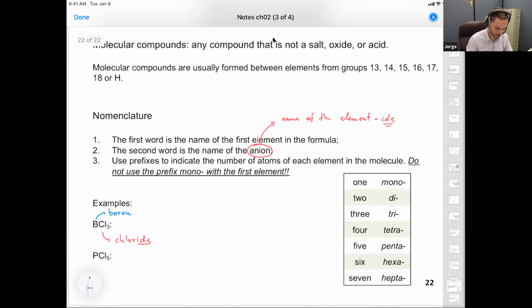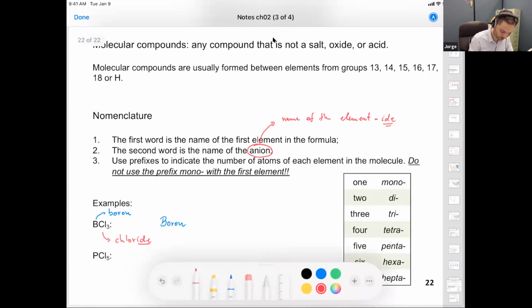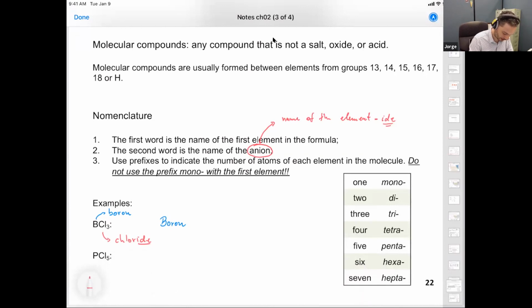For the name of the compound, we are going to use the name of the first element, followed by the name of the anion, or the second element in the formula, which is chloride.